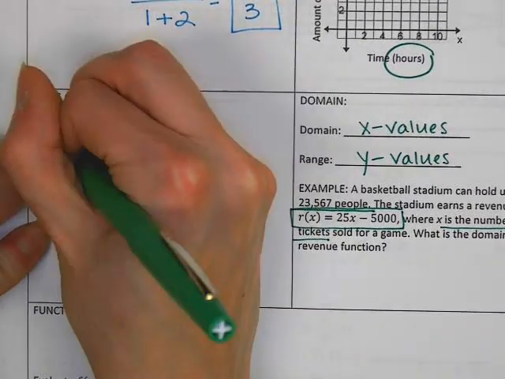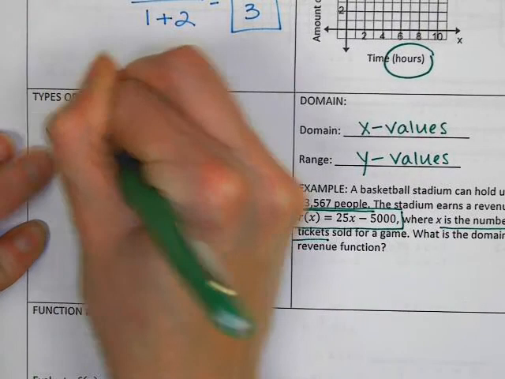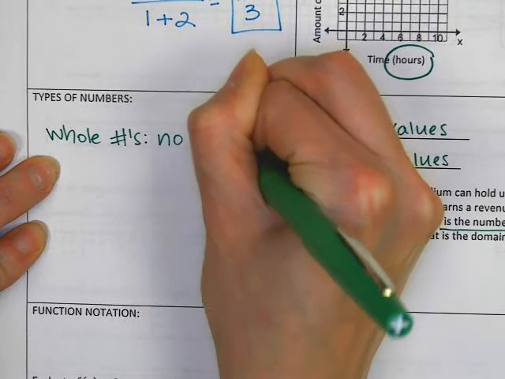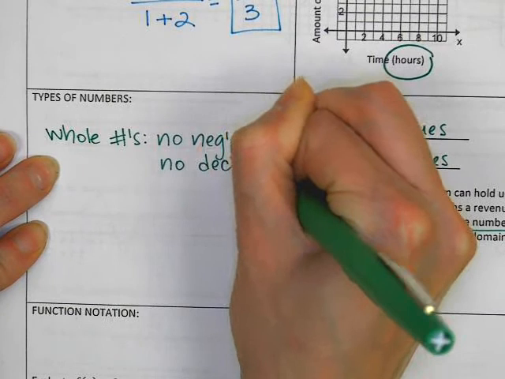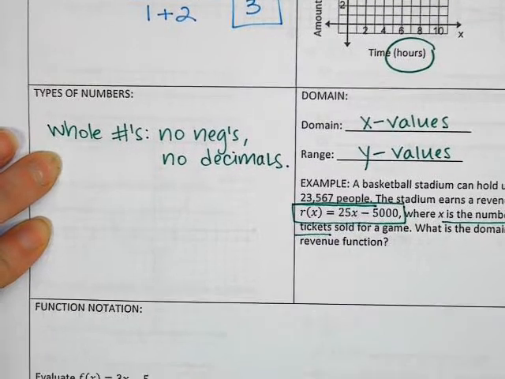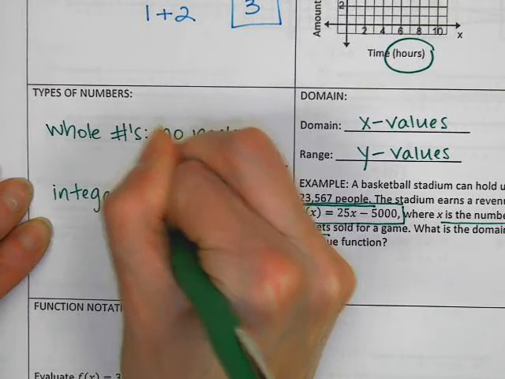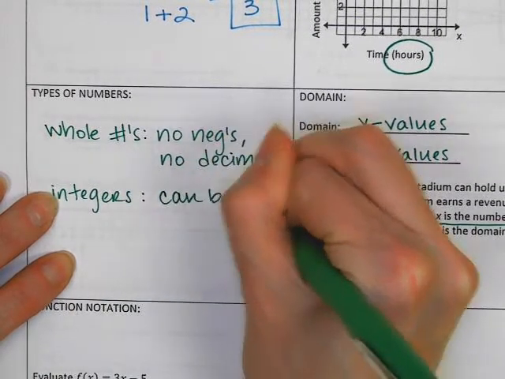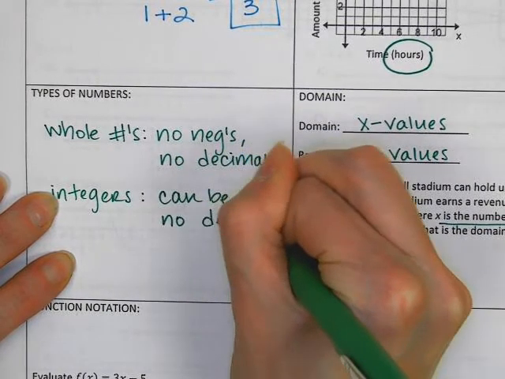So then you start thinking, okay, the whole numbers are no negatives and no decimals. The integers can be negative, but still no decimals.